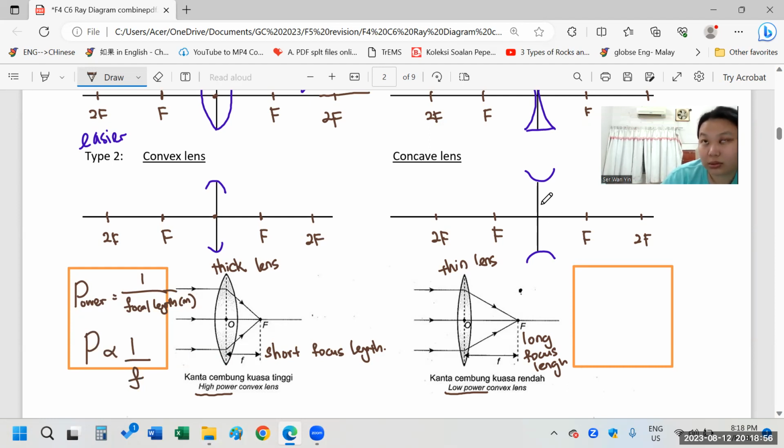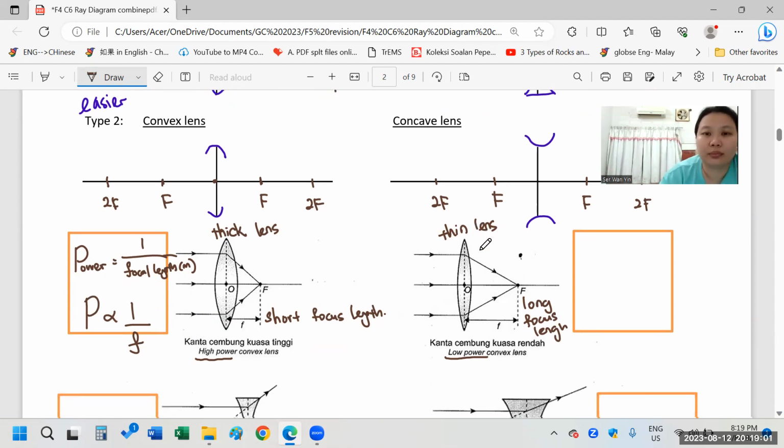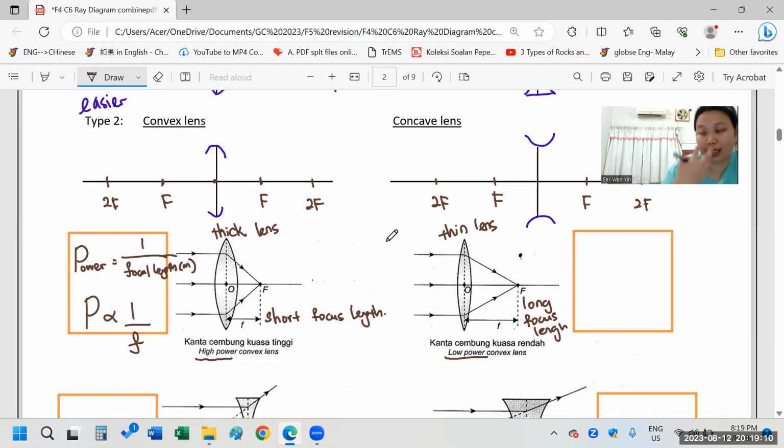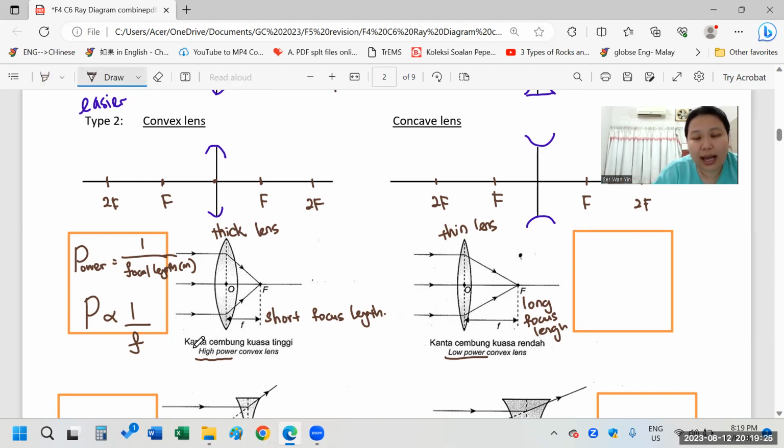Okay, so now, do you notice that, I believe that all of you have experience checking eyes, right? So normally the optometrist will say, your power has become higher. What does it mean? Your eye power becoming higher means your focal length becomes shorter.